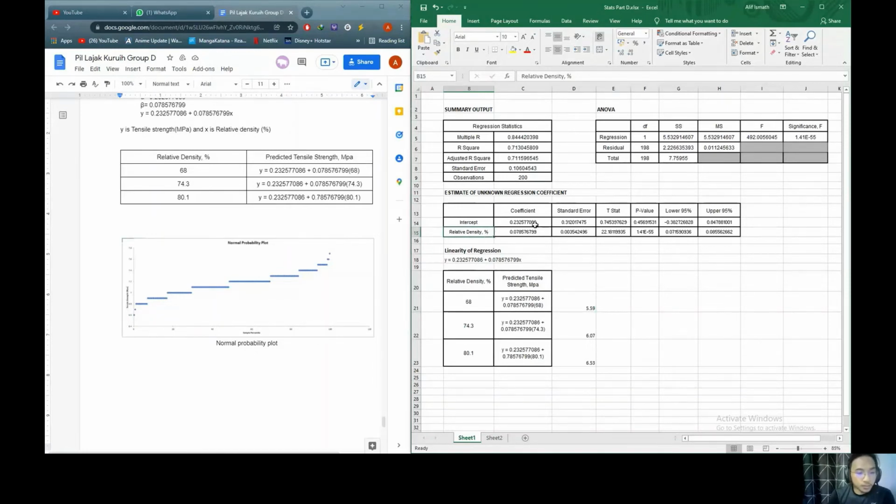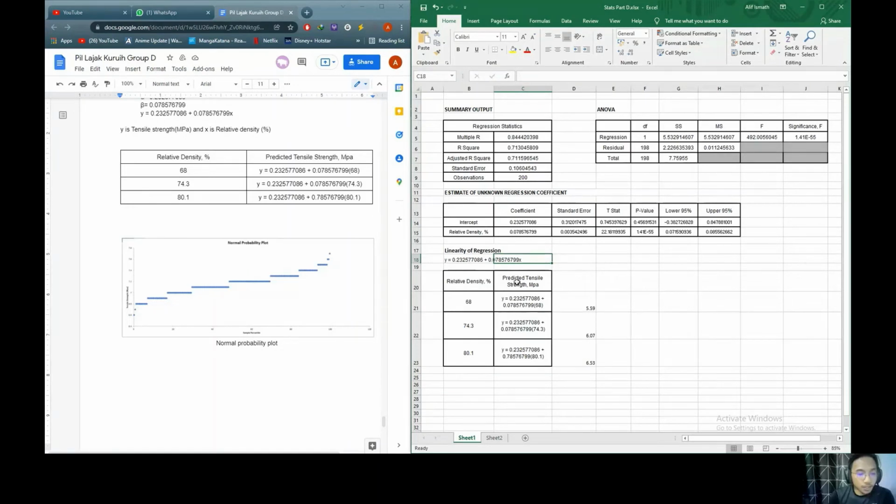the estimated intercept is 0.232577086, and the relative density coefficient is 0.078576799. And we also get the regression equation, which is y equals 0.232577086 plus 0.078576799x, where x represents relative density.